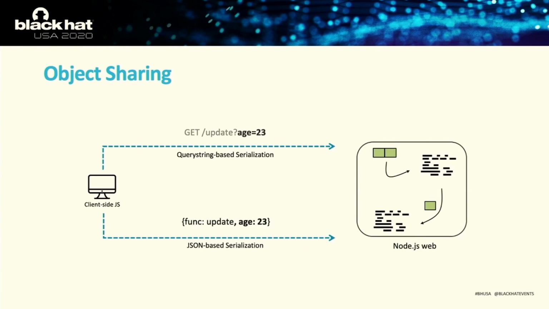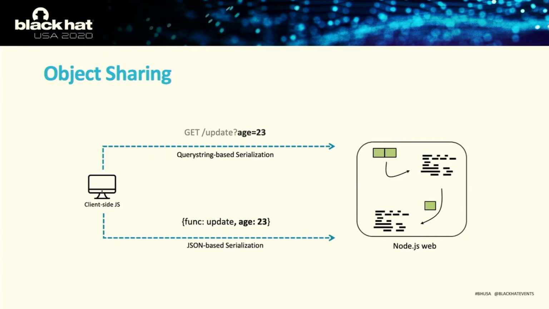The diagram demonstrates how object sharing is used. In the Node.js ecosystem, there are two major methods of serializing communication objects: query string-based sharing and JSON-based sharing. As shown in the picture, if the user wants to update the age information on a website, he may do this in two ways. First, he can send his data through the standard query string in the URL.